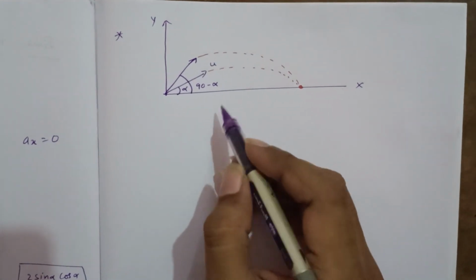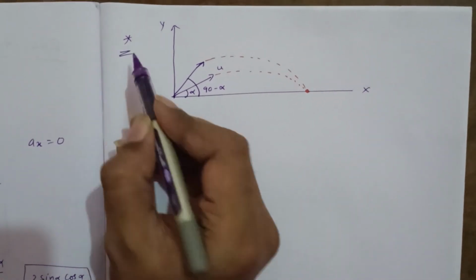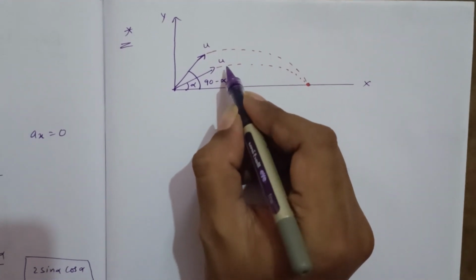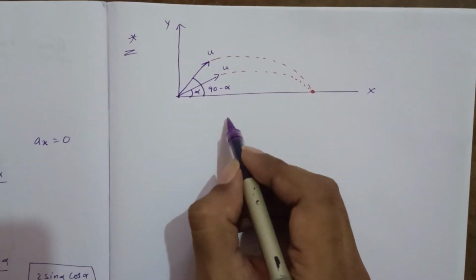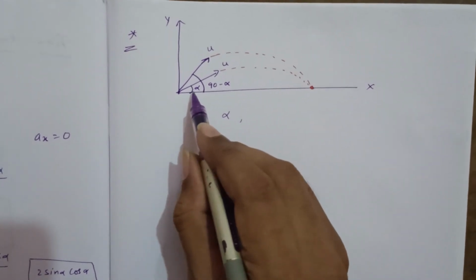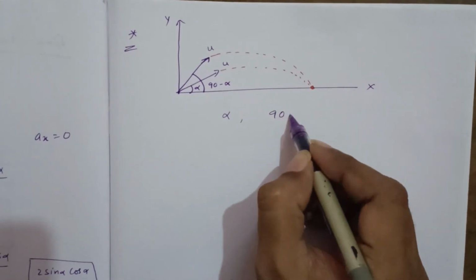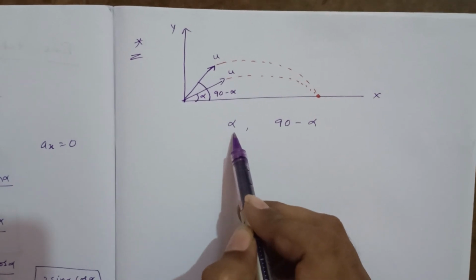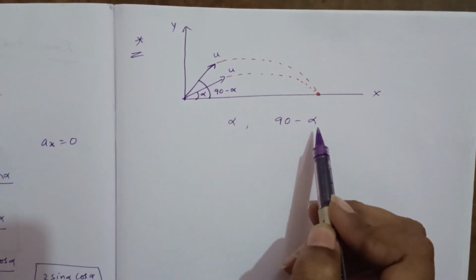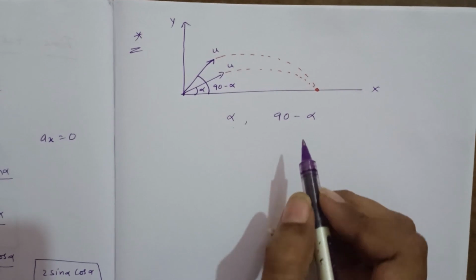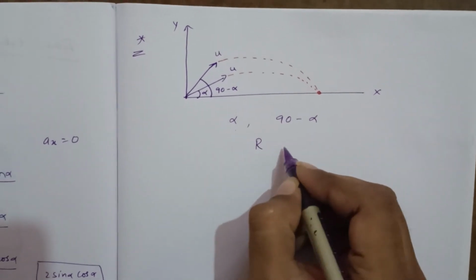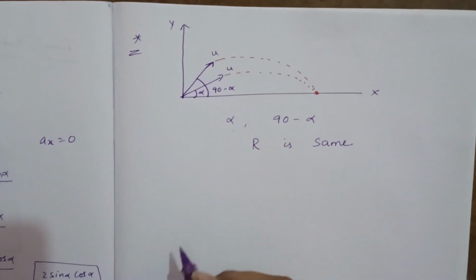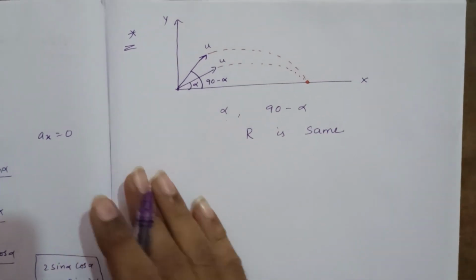Now here one important thing you see: for a given value of u, if you project with angle of projection alpha and 90 minus alpha, the horizontal range is the same.